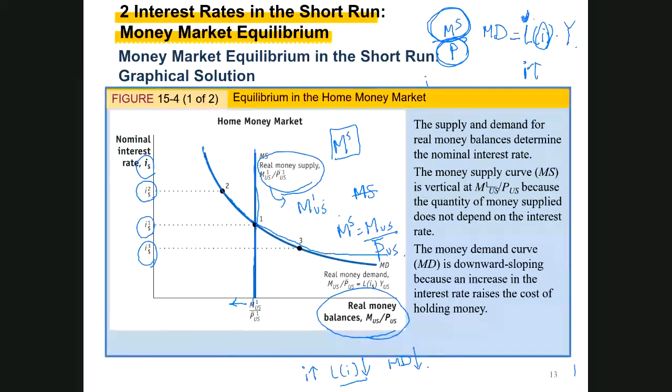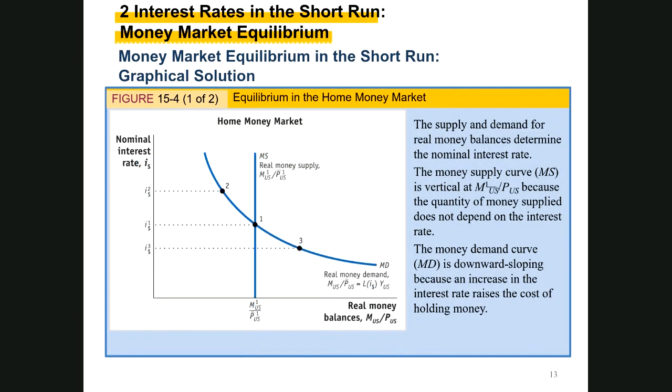Okay, so equilibrium is at point number 1, and the other points will not be equilibrium because the market will try to push them back, right?